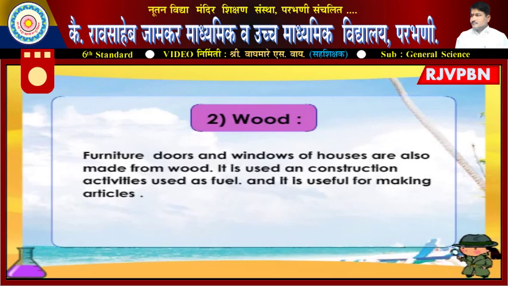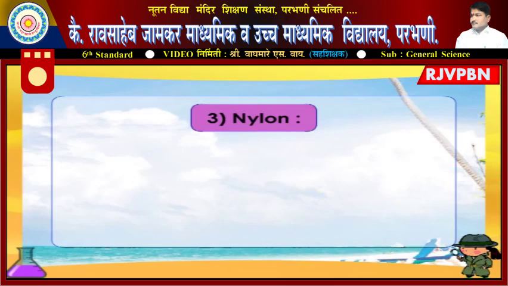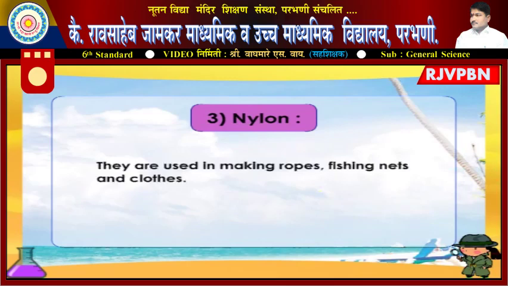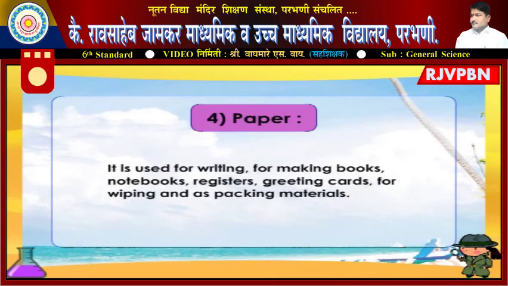Wood. Furniture, doors and windows of houses are made from wood. It is used in construction activities, used as fuel, and it is useful for making articles. Nylon. It is used in making ropes, fishing nets and clothes.